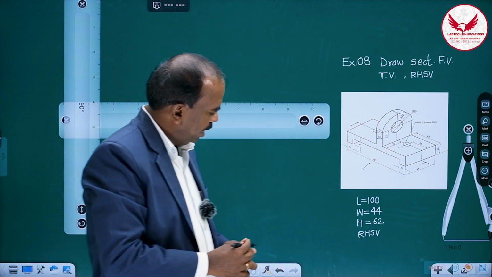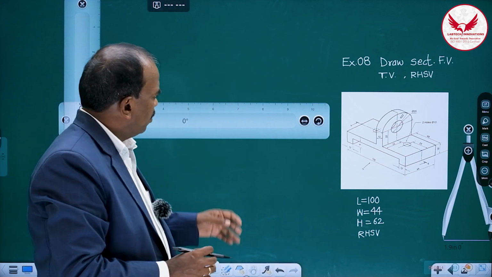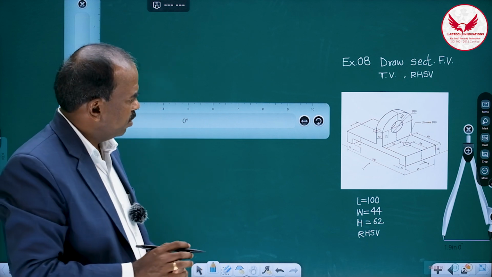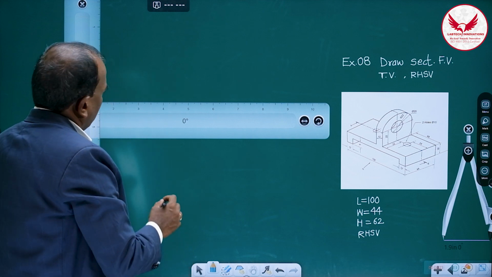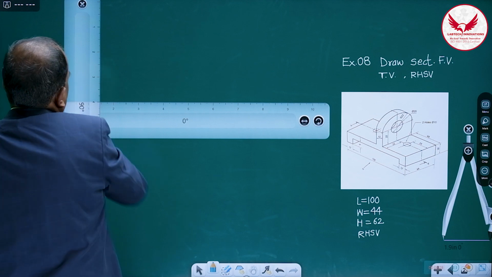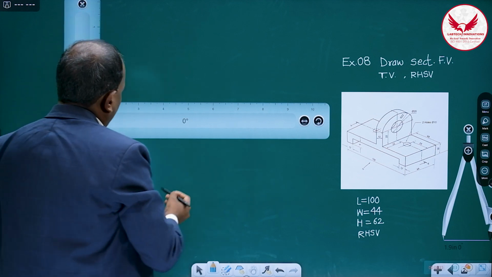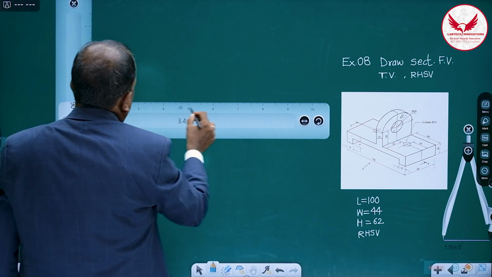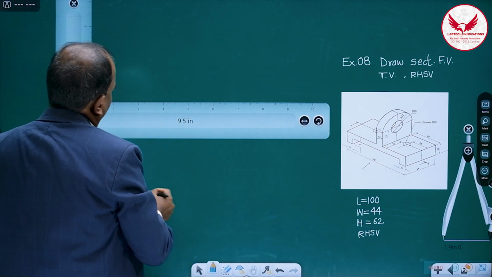So once again I'll explain the procedure of drawing the three blocks for drawing orthographic view. Please observe it very carefully, and it is going to be very useful and unique one also. So first line, right from the top, you have to leave the distance more than 62, and then draw the light line like this.